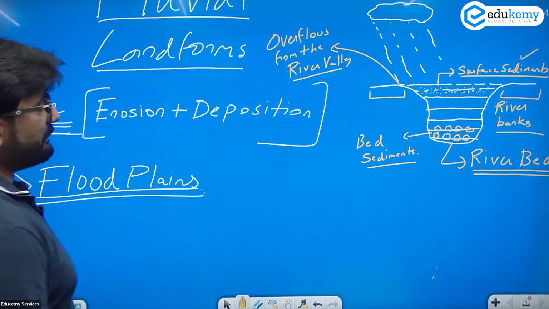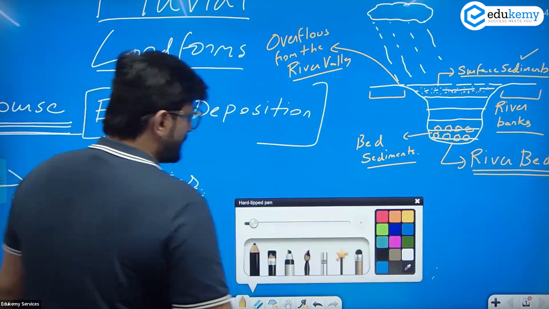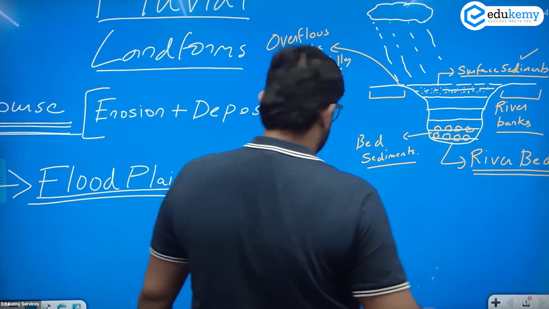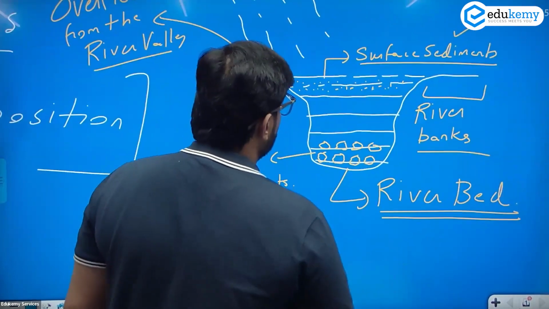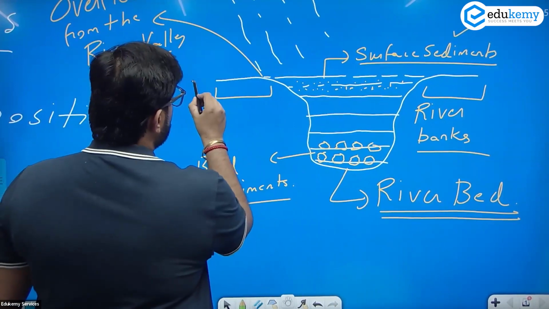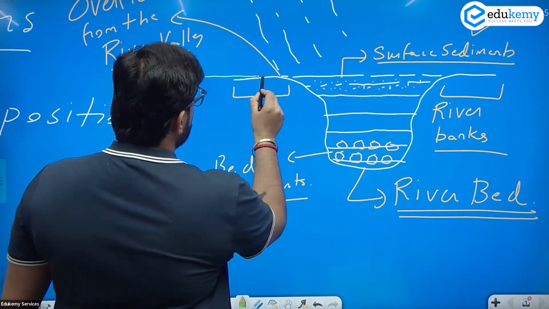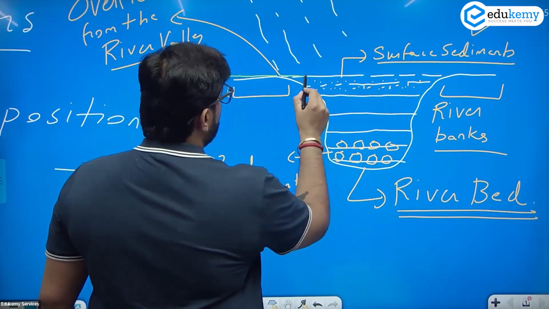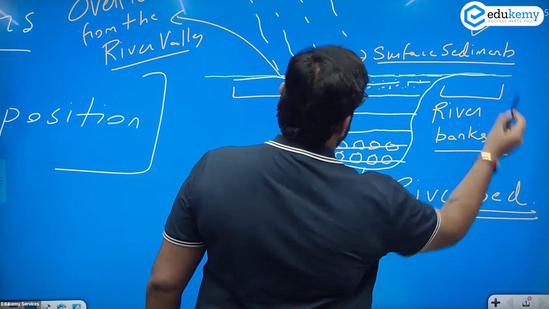That means that the amount of water in the river is more than the volume of the river valley. And as soon as the river overflows, the water starts accumulating in regions adjacent to the river, and the river banks get submerged.